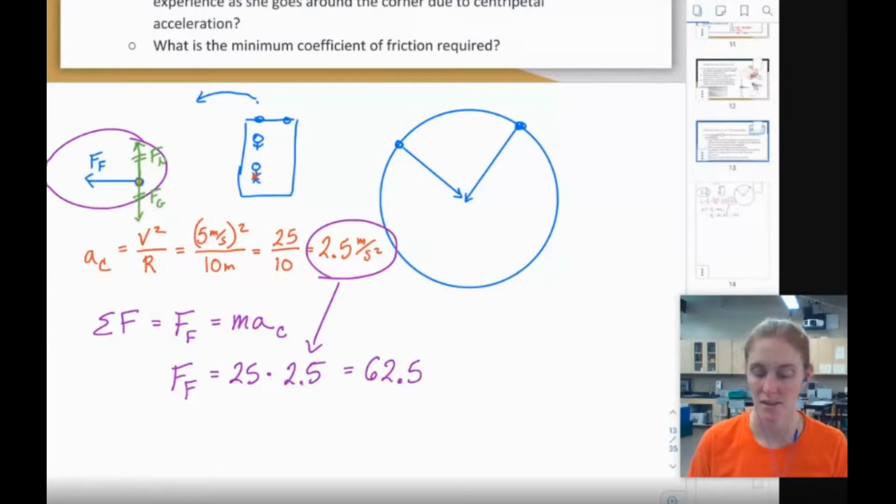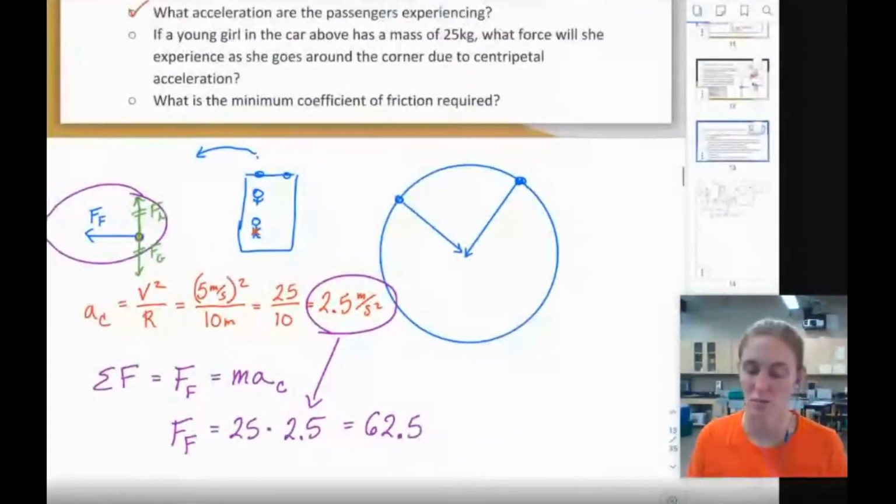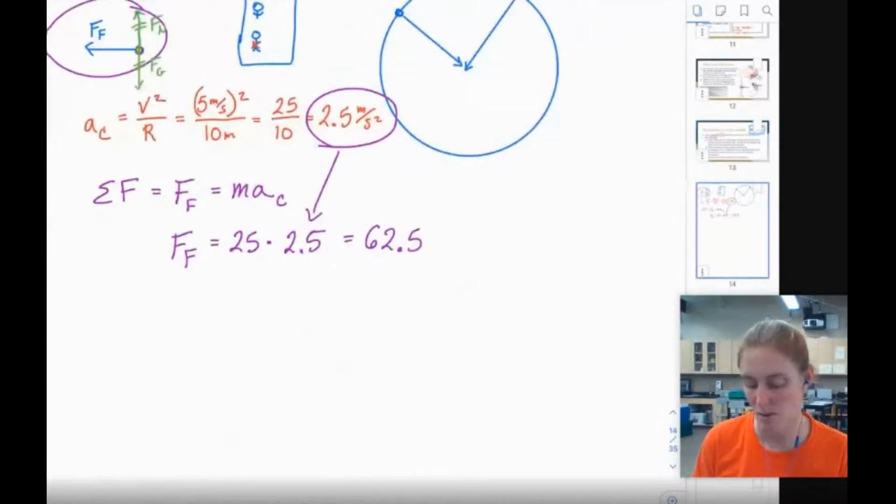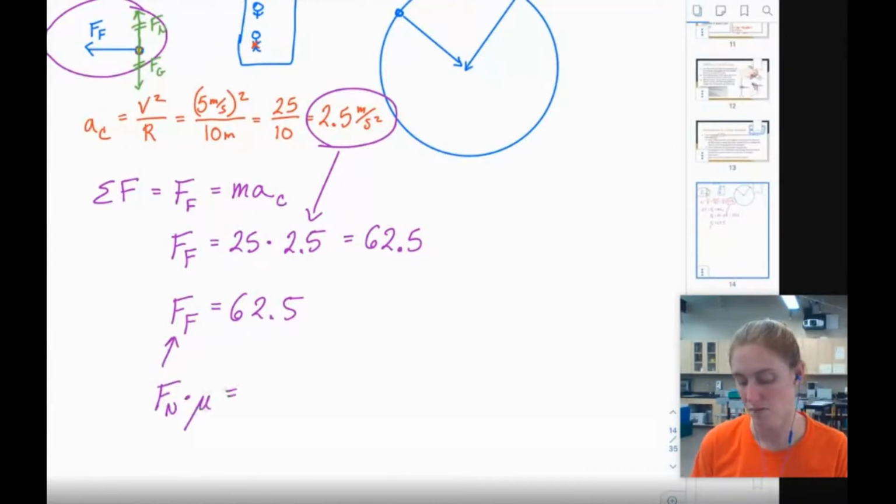And last but not least, it says, what is the minimum coefficient of friction required? So I'm going to remember that the frictional force, I know, is 62.5. And the equation for frictional force is my normal force times the coefficient of friction.